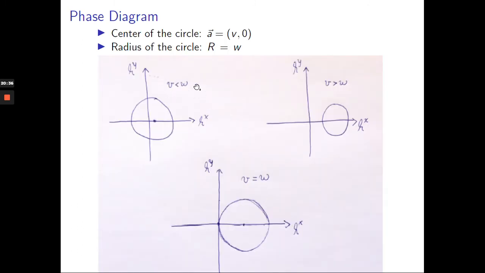And if you plot this for different relationships of V with W, if V is smaller than W, you'll see that the circle will enclose the origin. The origin is very important here because it is where our system will have energy 0 at least at one point.